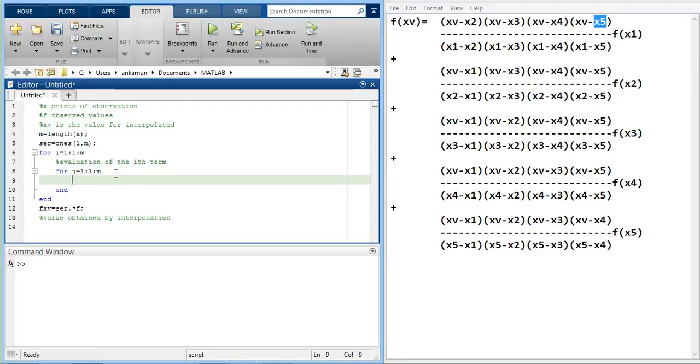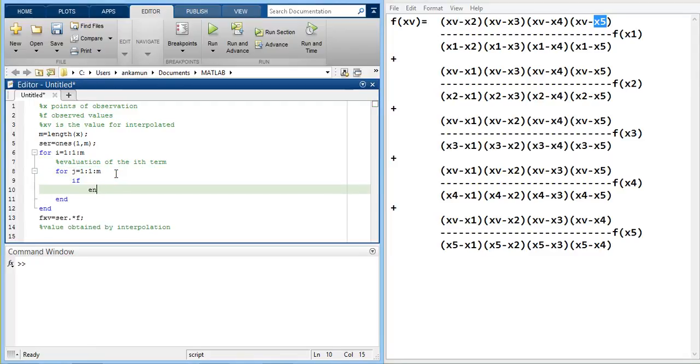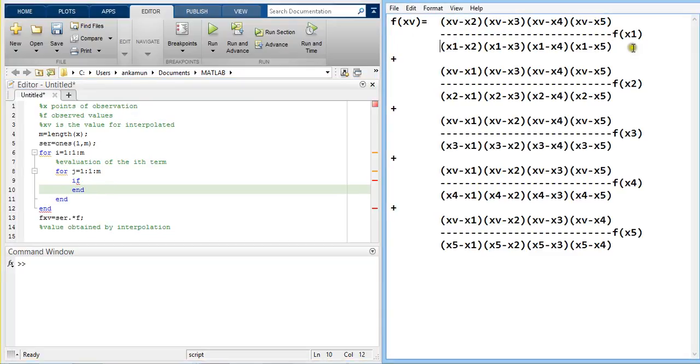Further, what we will notice is, the ith term does not appear anywhere in the numerator. Likewise, the ith term does not appear anywhere after the minus sign.